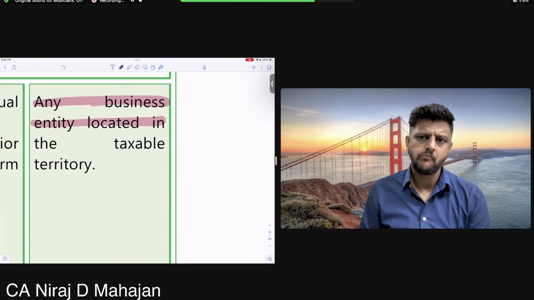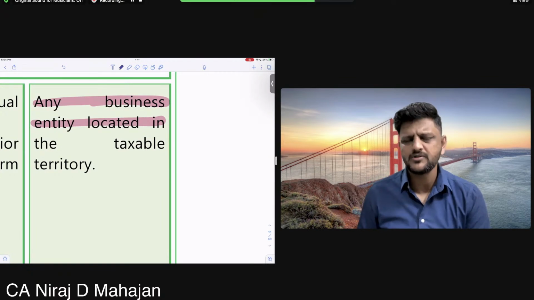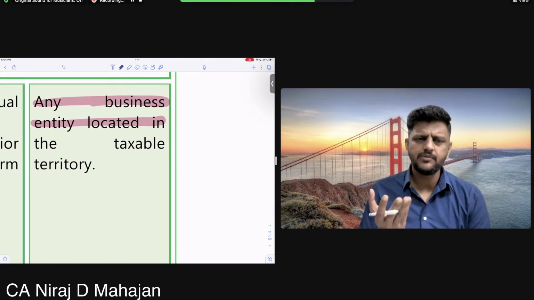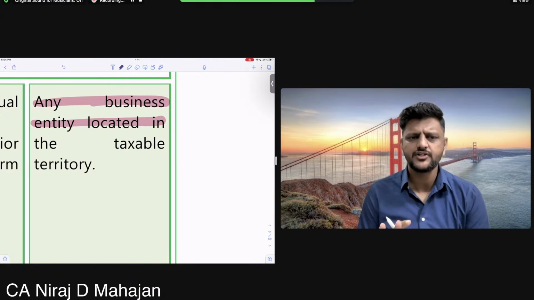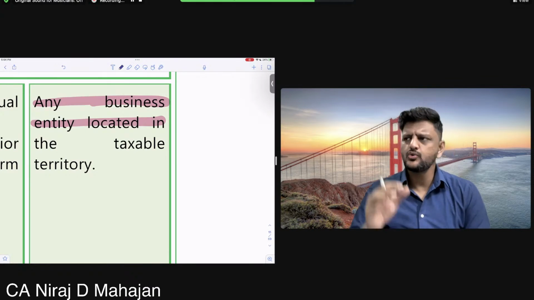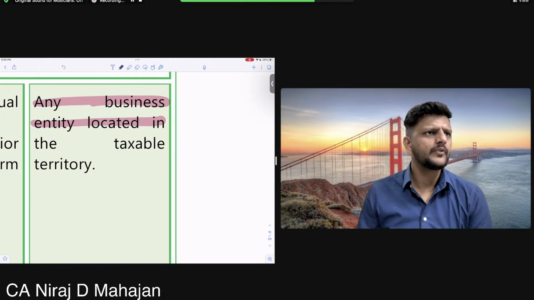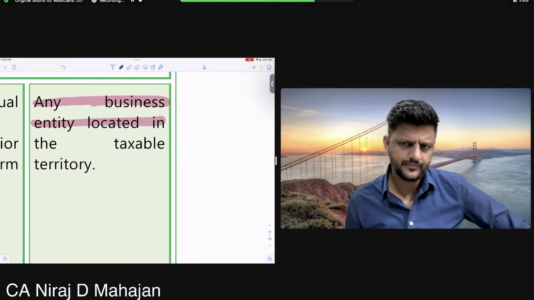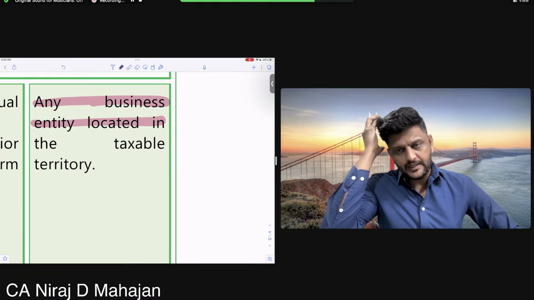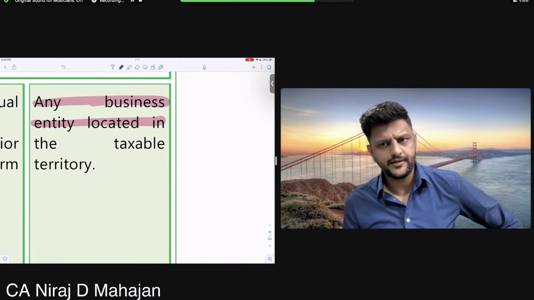If the recipient is doing business, obviously he will take legal services normally for legal purposes only, his business litigation. Say a buyer has not made payment and you want to sue him, so you take the help of lawyers or advocates. Is it okay, everybody? So any business entity located in the taxable territory.